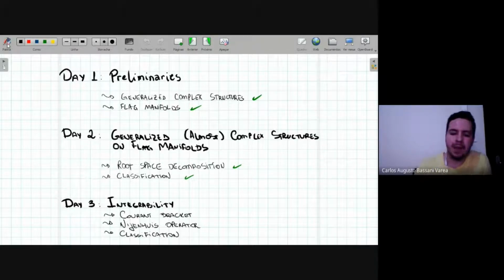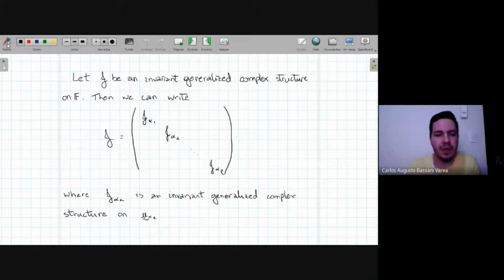Okay? So just remembering that when we have an invariant generalized complex structure on a flag manifold, we can decompose this structure in blocks in the diagonal, where each of these blocks, each of these J alpha k, will be an invariant generalized complex structure on the root space u alpha.